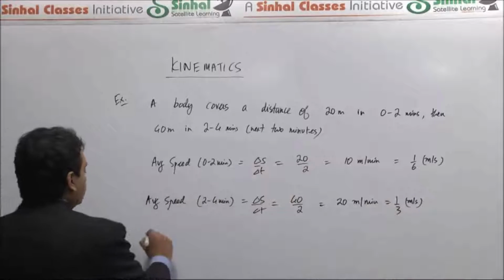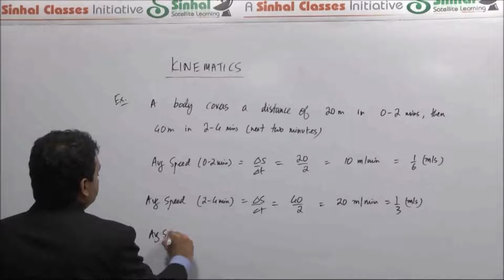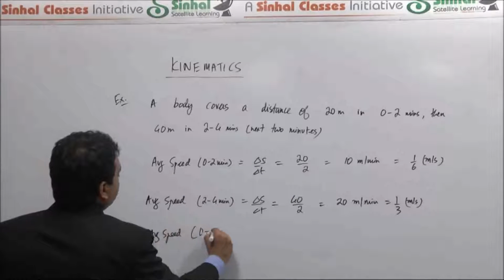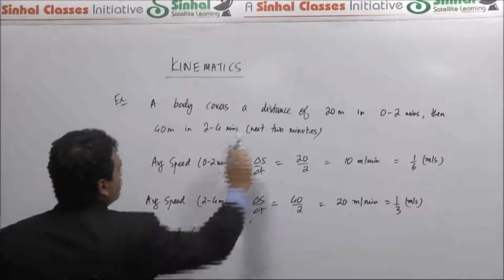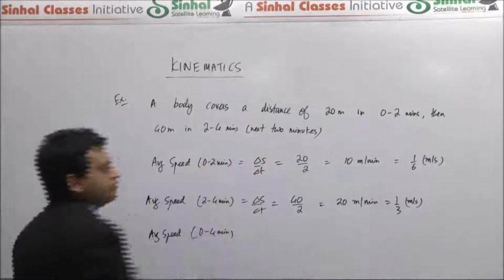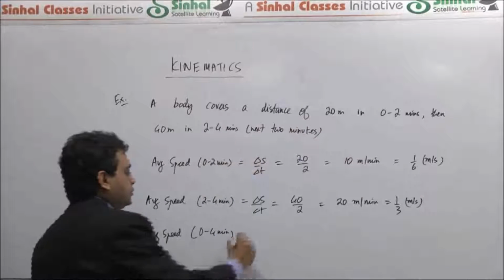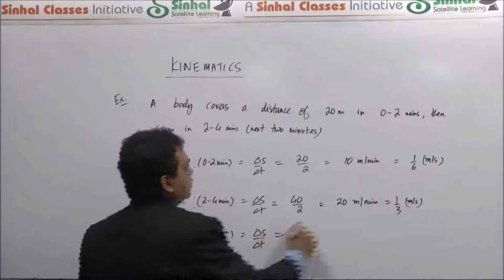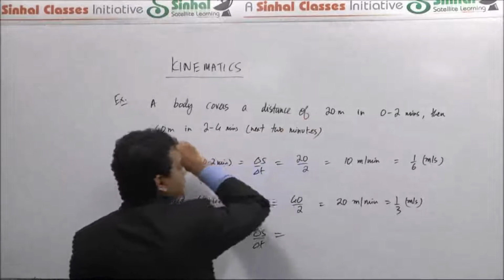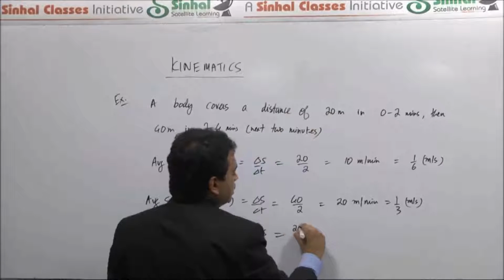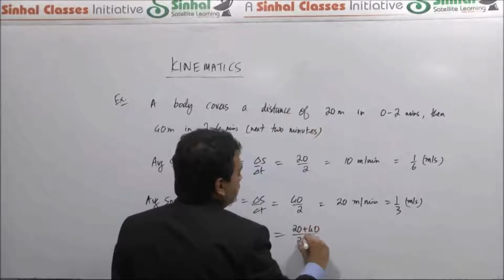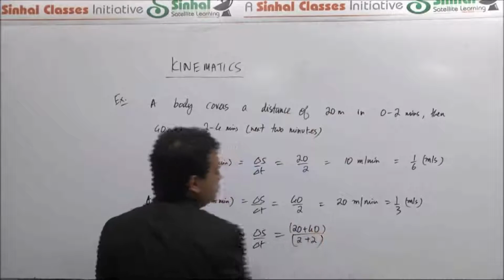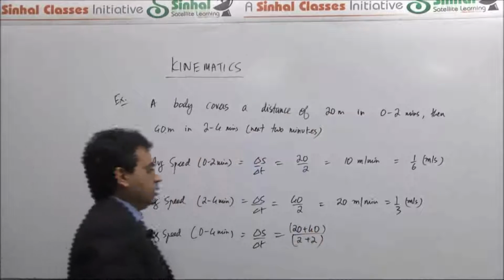The third part: if you want to calculate average speed from 0 to 4 minutes. Okay, now we're talking about the interval starting from 0 and ending at 4 minutes. So that would be nothing but the total distance traveled in that entire interval divided by the time. The total distance would be the 20 meters in the first 2 minutes plus the 40 meters in the next 2 minutes, and the interval of time would also be the first 2 minutes plus the next 2 minutes.